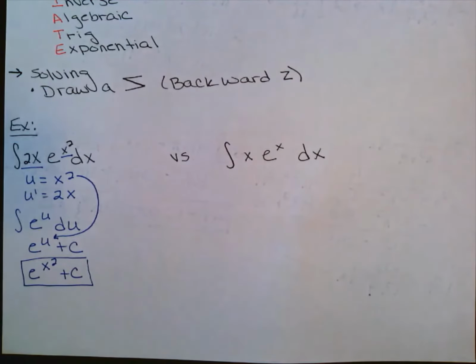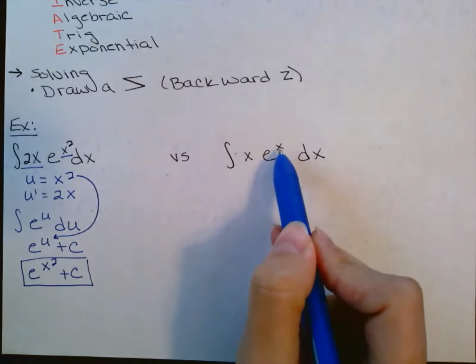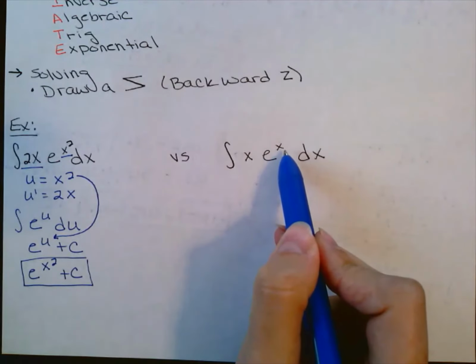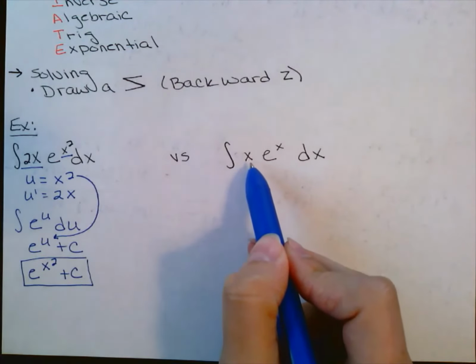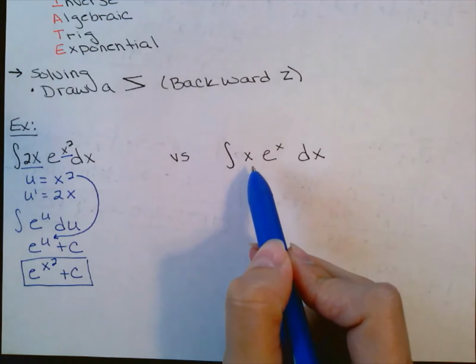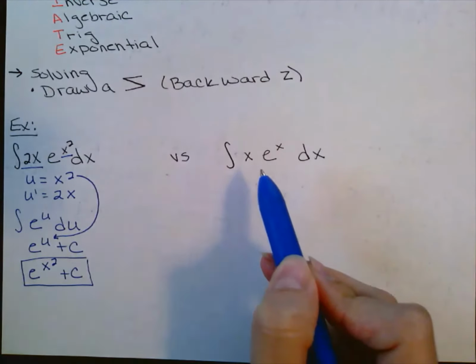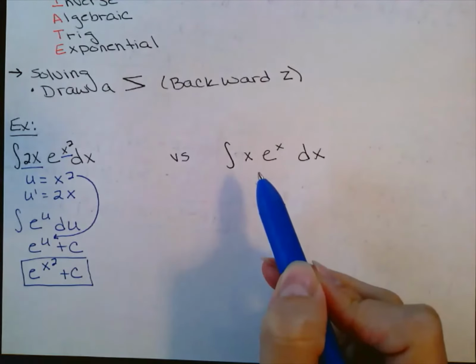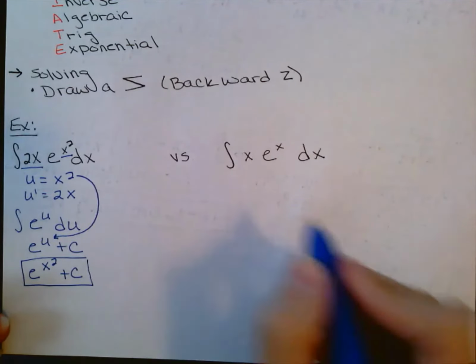Old news. Now, when I look at this one, my exponent is an x. The derivative of x is 1, and here I have something more than just the coefficient of 1, which lets me know that this is not a U sub question. So I need to treat this with integration by parts.